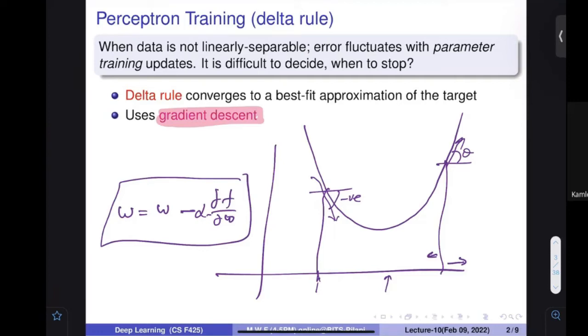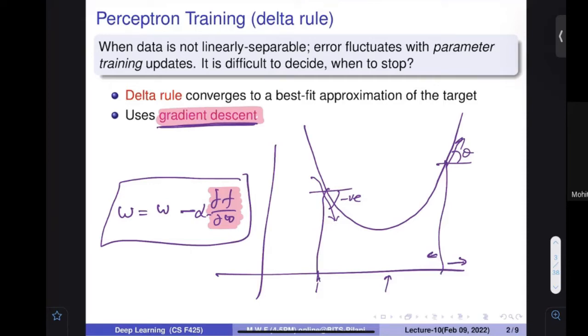So if we can use gradient descent, it would be a nice idea. Because you have defined the problem in this particular way, can the error increase? Yes or no? Can the error increase if you apply this kind of learning mechanism?